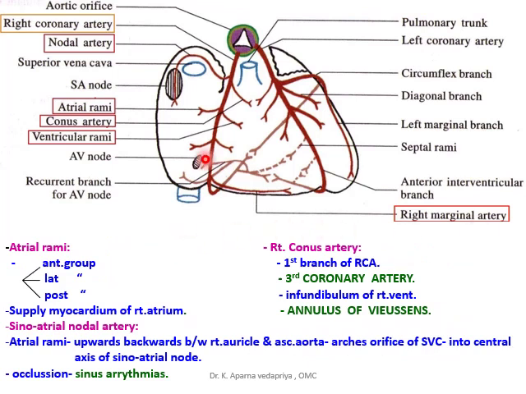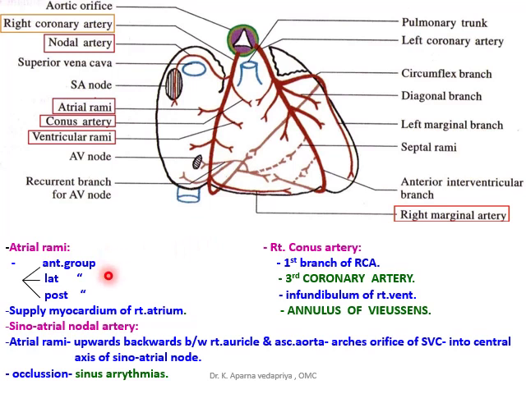So the next branches are these atrial rami. These atrial rami are also about 4 to 5 in number, and they are grouped into anterior, lateral and posterior branches.